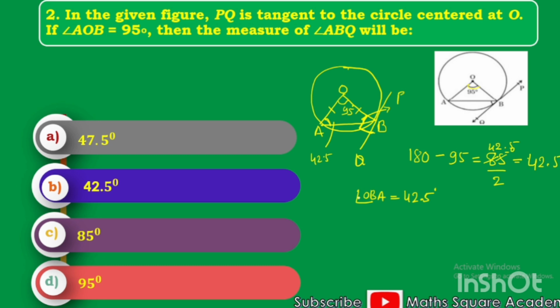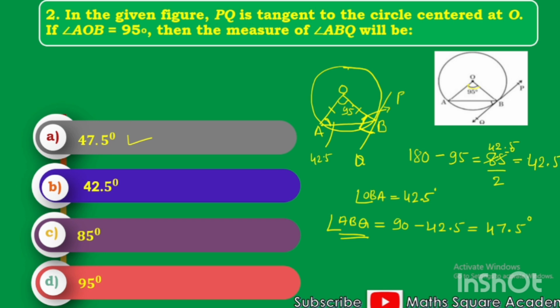So to find the angle ABQ, you have to do 90 minus 42.5 degrees. This will give you 47.5 degrees. So angle ABQ is 47.5 degrees. So option A is correct. In this way you can solve the multiple choice questions.